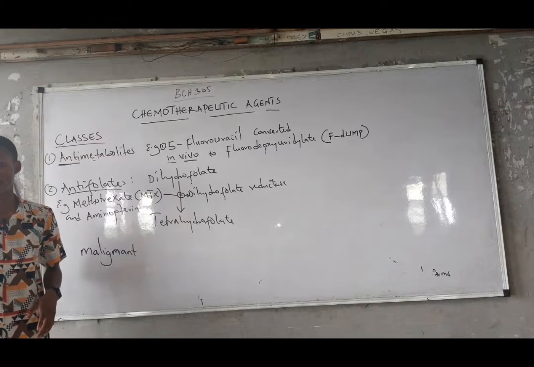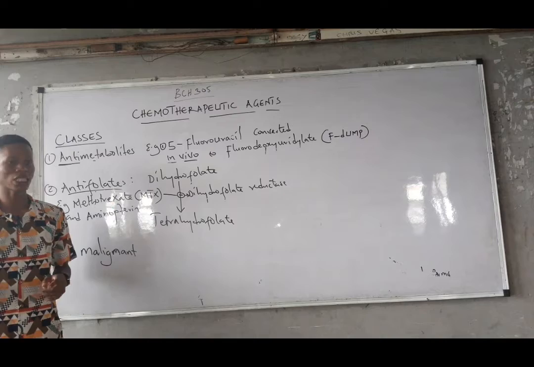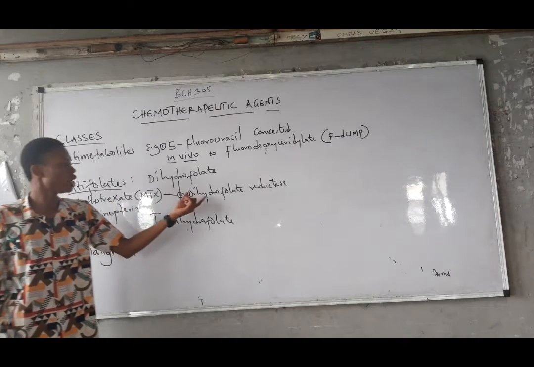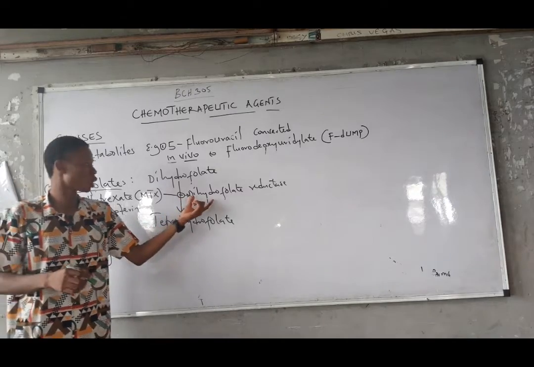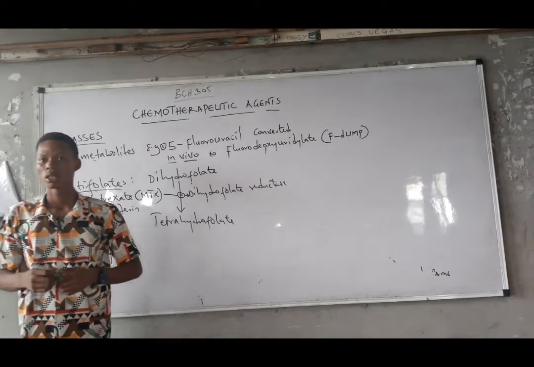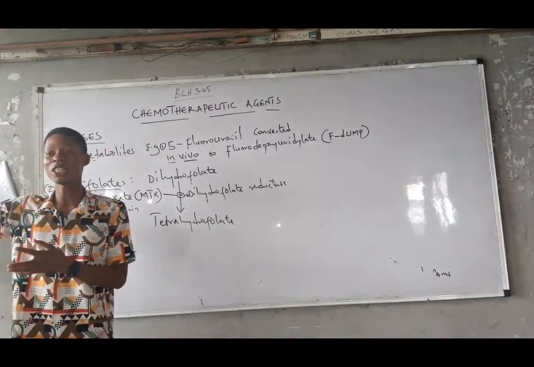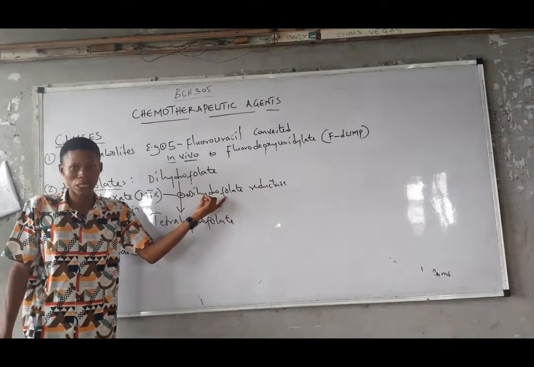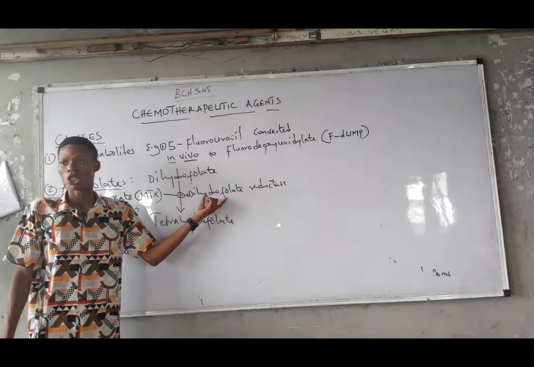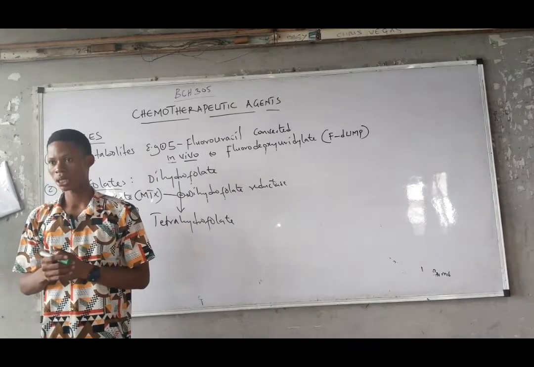Folic acid, right? It's very similar to folic acid, and it competes with it. Competitive inhibition, right? It competitively inhibits this enzyme. You know, enzymes have an active site, right?